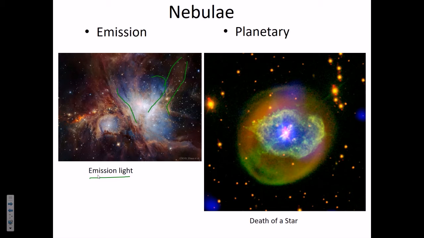The scale here is 1 to, or even less than 1 to 100 light years across, and solar masses would be around 100 to 10,000 solar masses. So a lot of material there. On the right-hand side, you see a relatively small nebula, okay, but it's a planetary nebula that's related to the explosion or the off-gassing of an average-sized star similar to our sun.